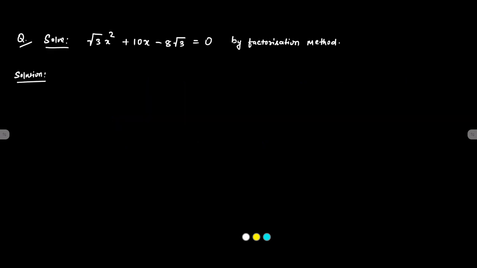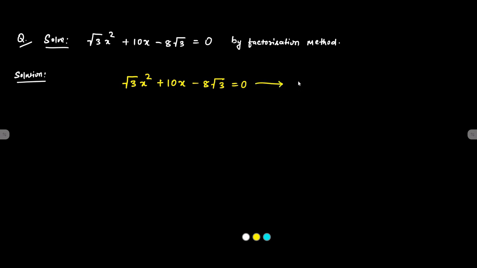Okay, so here is another question on solving quadratic equations through the factorization method. It is given the quadratic equation is root 3 x square plus 10x minus 8 root 3 is equal to 0. We have to solve it by factorization method. So first we'll write the equation: root 3 x square plus 10x minus 8 root 3 is equal to 0.